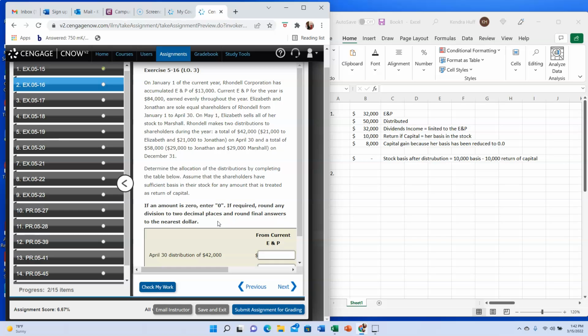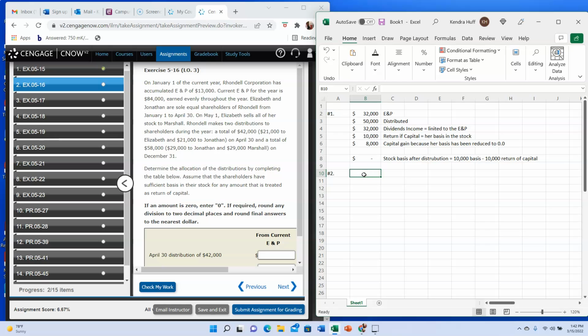Okay, so they have current E&P of $84,000. All right, their distributions during the year are the 42 and 58.